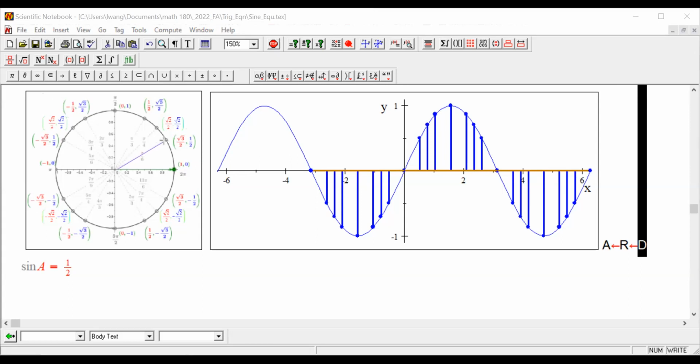One terminal here, which has a blue number half, which is a sine value equal to half, and another terminal which also has the same sine value.